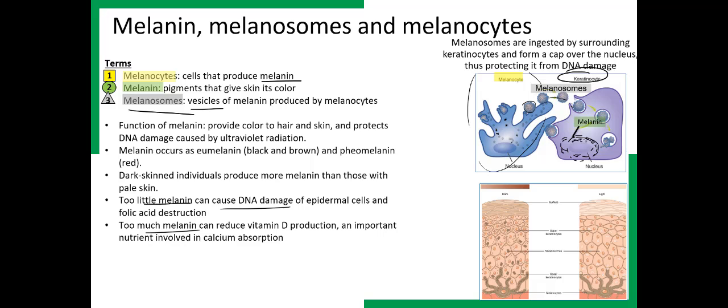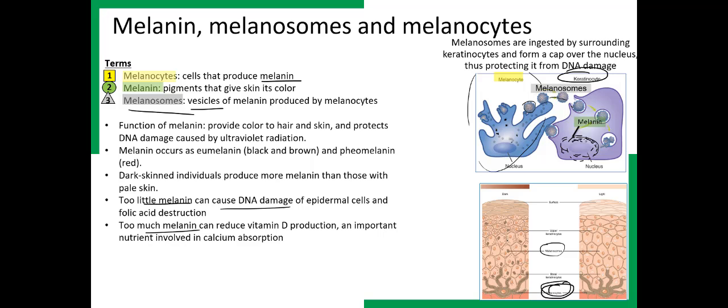calcium. So if you look at light skin versus dark skin over here, in dark skin you've got the melanocytes over here, right? That produce melanin and melanosomes.